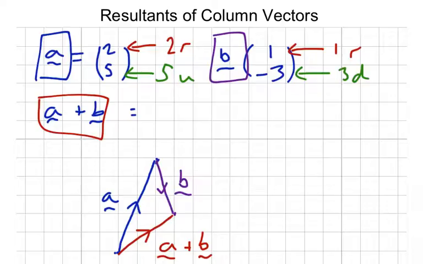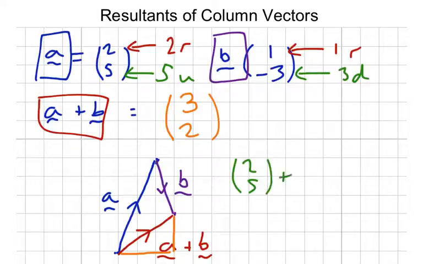Now the column vector for A plus B, we notice that we go 1, 2, 3 across and 2 up, which means the column vector is (3, 2). Something you should notice here is if we were to write this out as a column vector sum, we would have (2, 5) plus (1, -3) equals (3, 2).